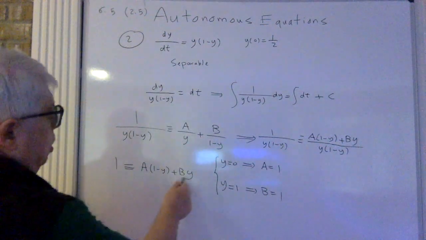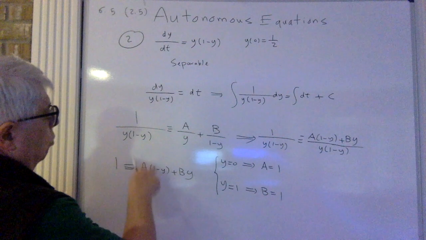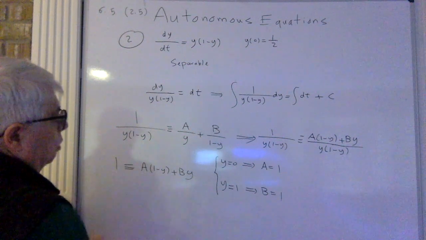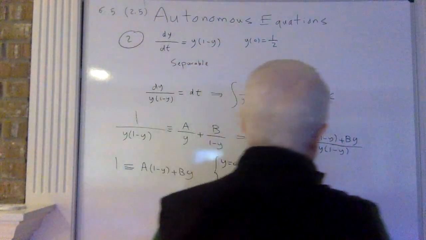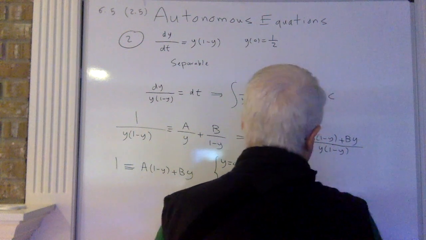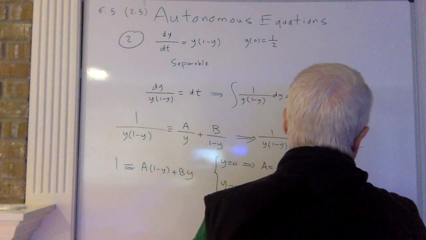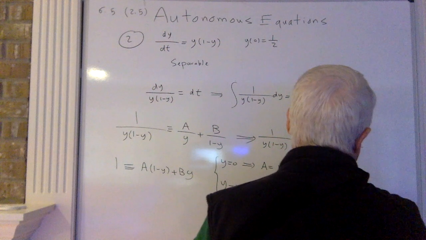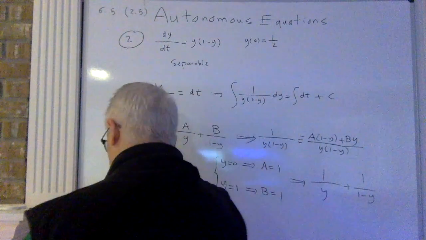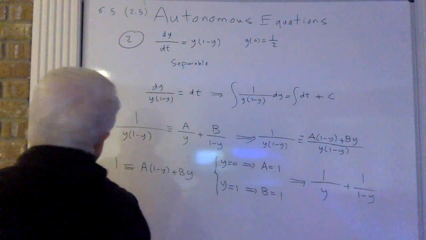If you put y equals 0, this will be 0 and you can find a; y equals 1, this will be 1, and then you can find b. Okay, so this gives me 1 over y plus 1 over 1 minus y.